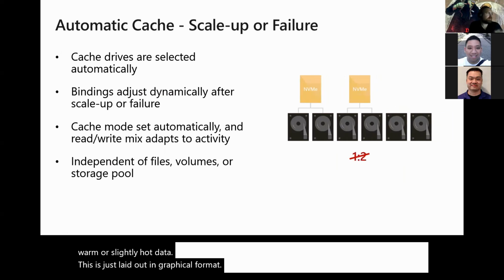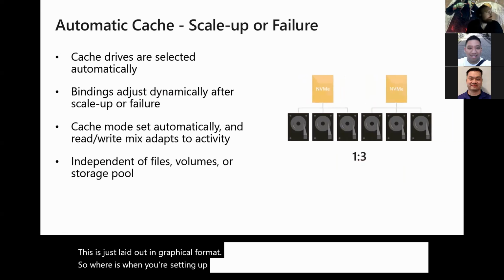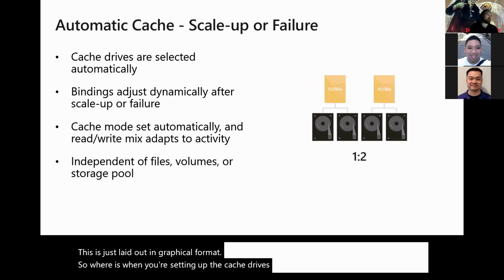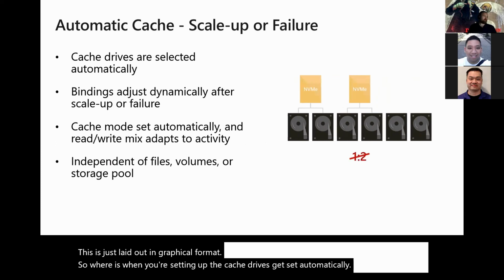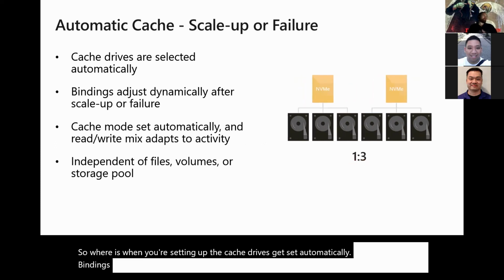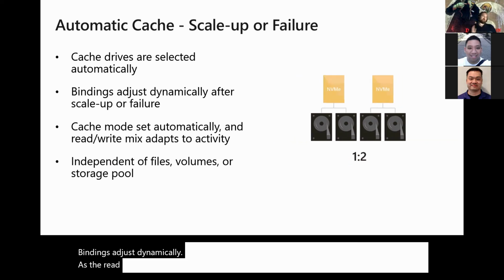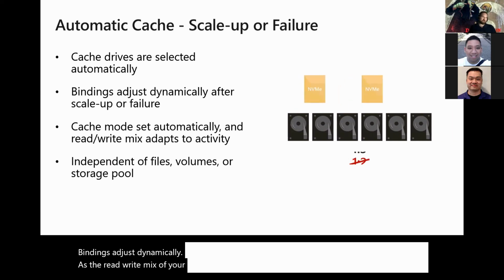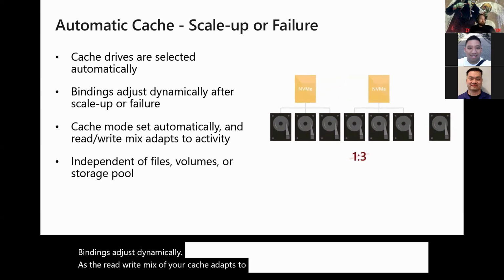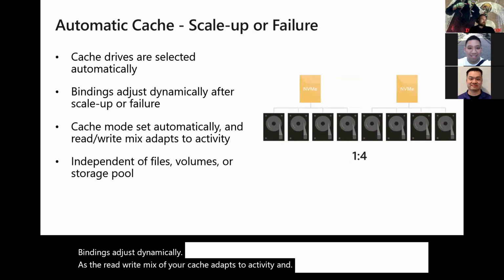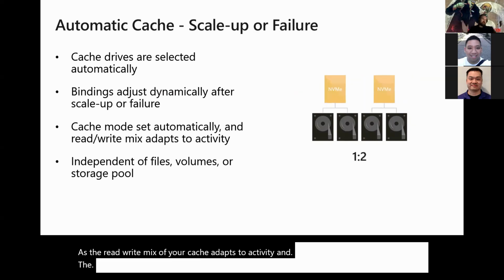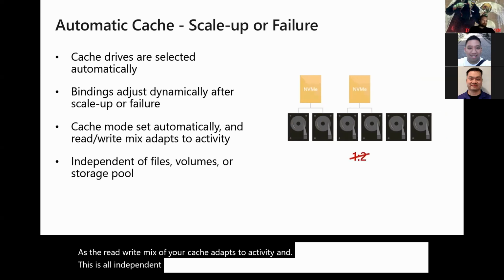So when you're setting up the cache, the drives get set automatically. Bindings adjust dynamically. The read-write mix of your cache adapts to activity, and this is all independent of the files or volumes of the storage pool.